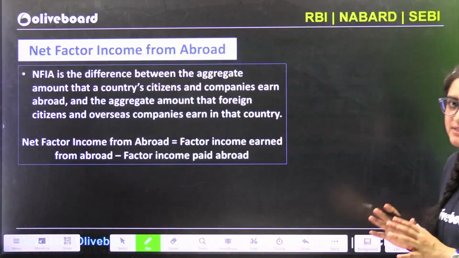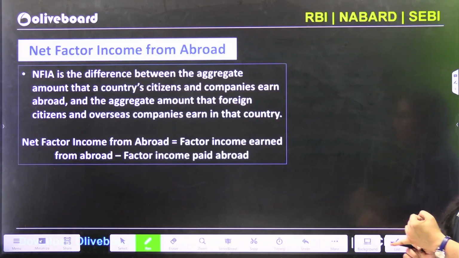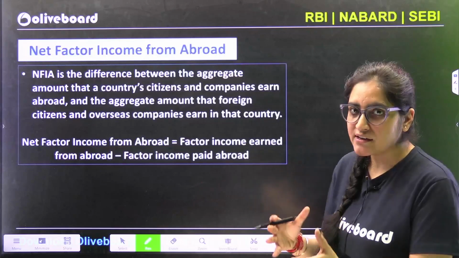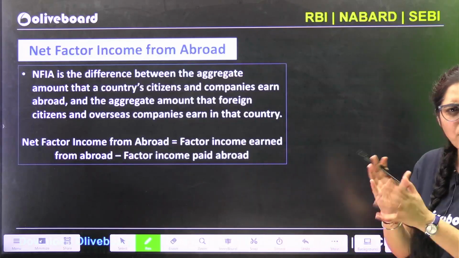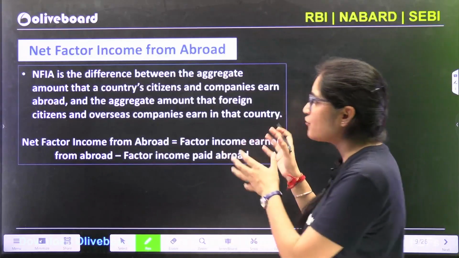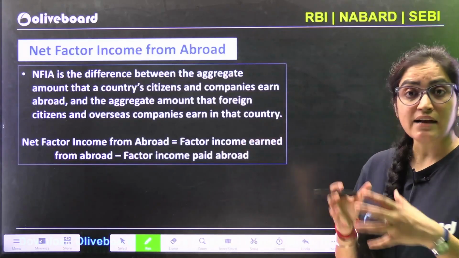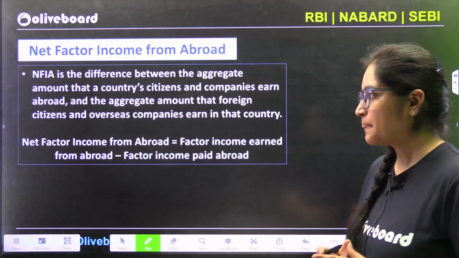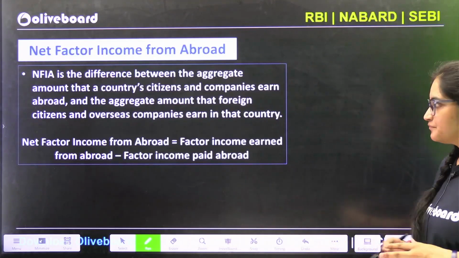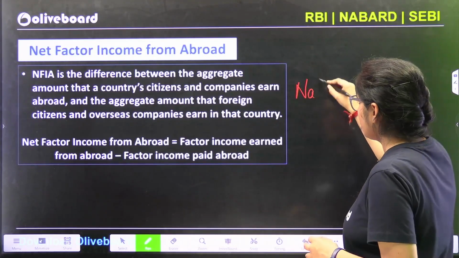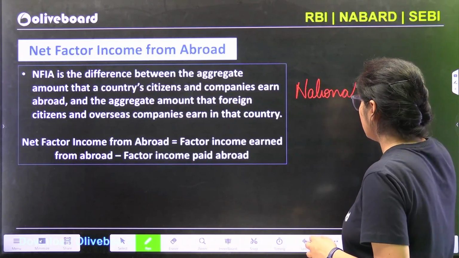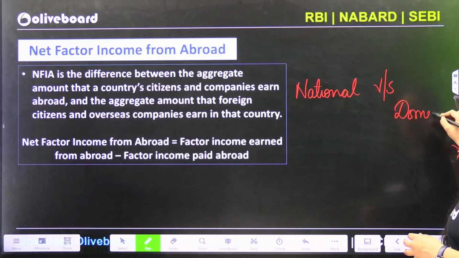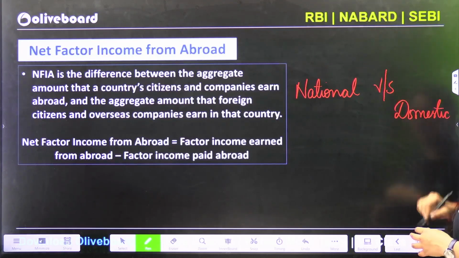Up till now, we have seen what is factor income, then we saw its complete opposite, transfer income. After that, let's see what is this net factor income from abroad, because that is where we can define what is national and what is domestic. So guys, see, national versus domestic.